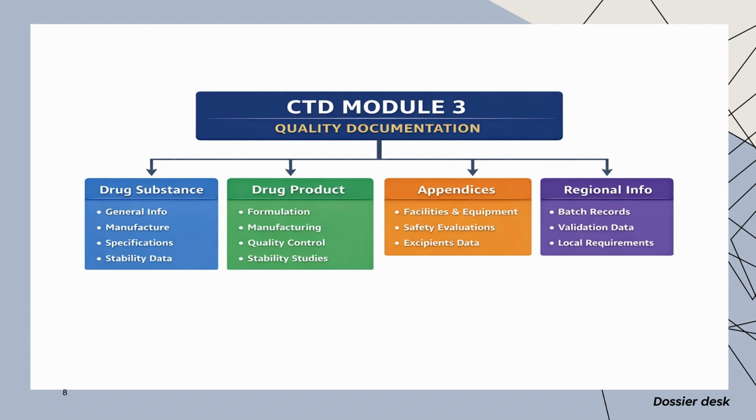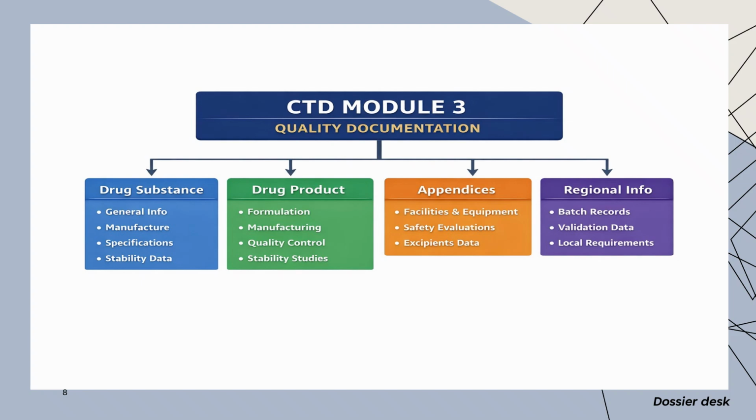This diagram represents the overall structure of Module 3. At the top, we have CTD Module 3, Quality Documentation. This module ensures that the product is consistently manufactured and controlled according to appropriate quality standards. On the left side, we have the drug substance section, which corresponds to 3.2.S.